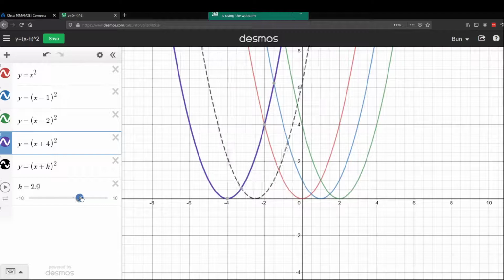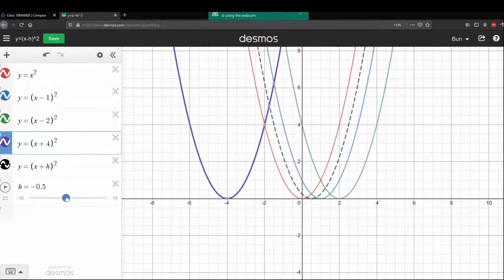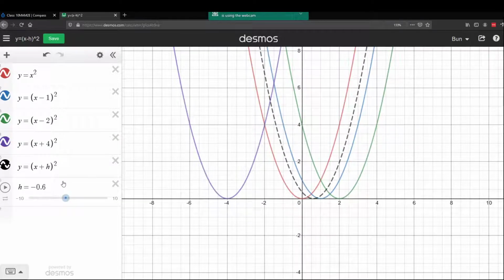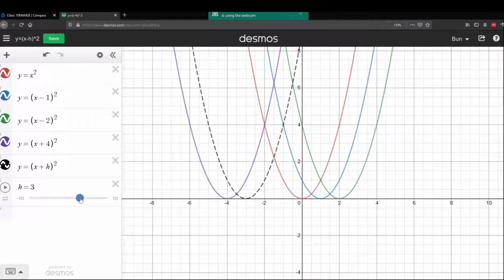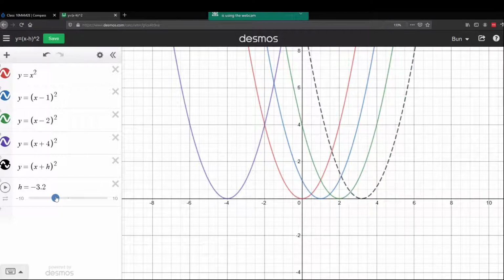I should stop using the word move. The word we're meant to be using is translation. So it's translating towards the left or towards the right.